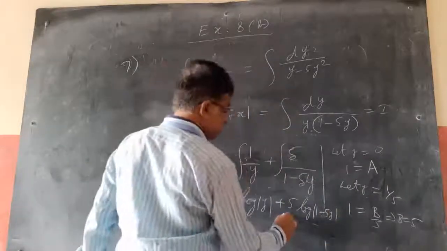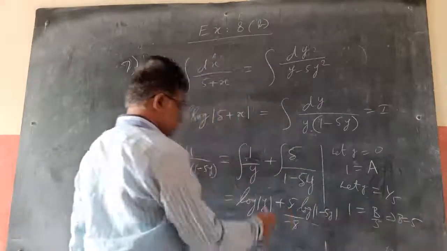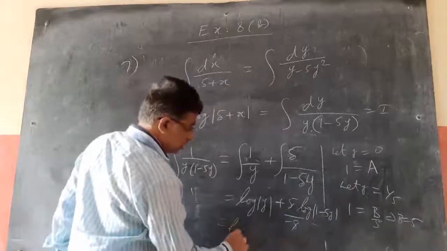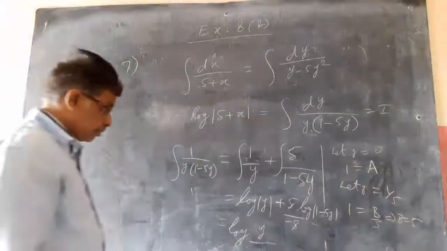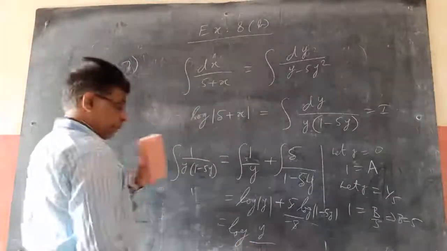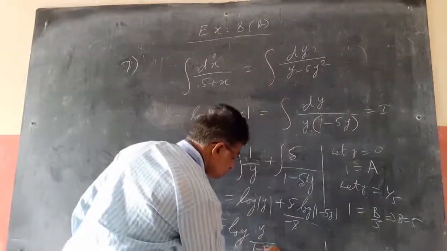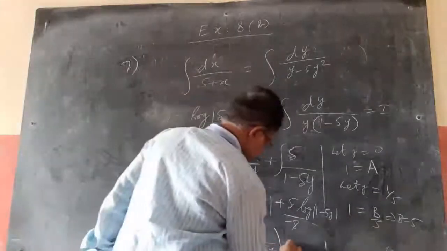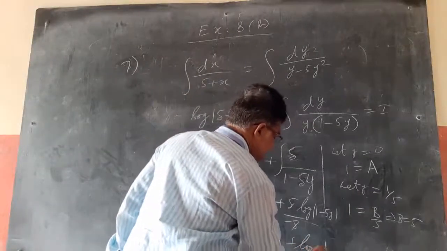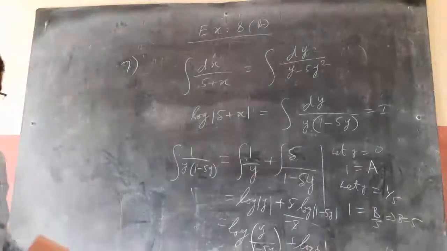So divided by minus 5, this becomes minus 1. So this is equal to log of a minus b, log of a by b, y by 1 minus 5y, plus c. Plus c I can write as log c also because it's a constant.